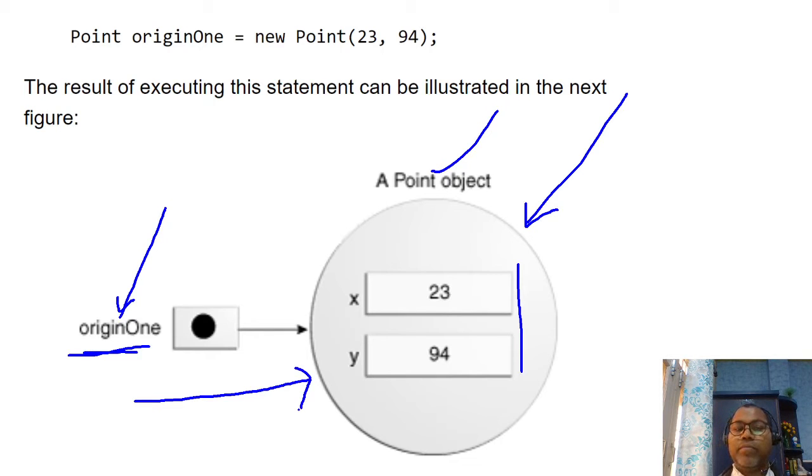Sometimes people say this is the object, because it is pointing to the object. But be clear, this is not an object. This is a reference variable that refers to an object. Due to that, people sometimes say this is the object of your Point class, but it is actually a reference variable that points to an object of Point type.